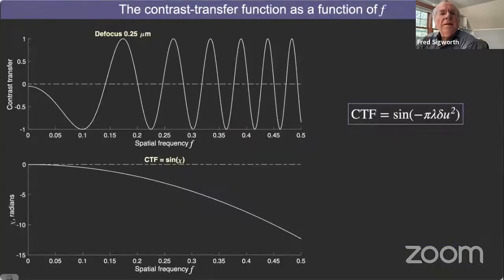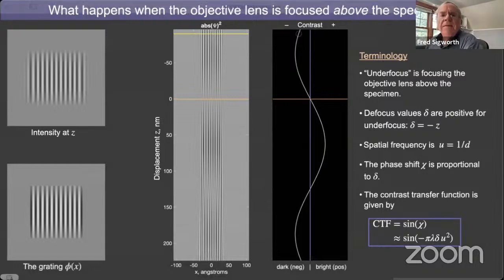Okay, so what we see here is that the amount of contrast varies as a sine function of the amount of defocus. But another way of looking at it is to say, let's pick one level of defocus and ask what the contrast is as a function of spatial frequency, as a function of the grating periodicity.